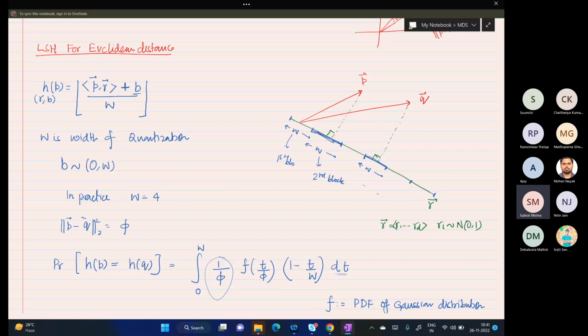Can you explain once again this formula, the integration part?